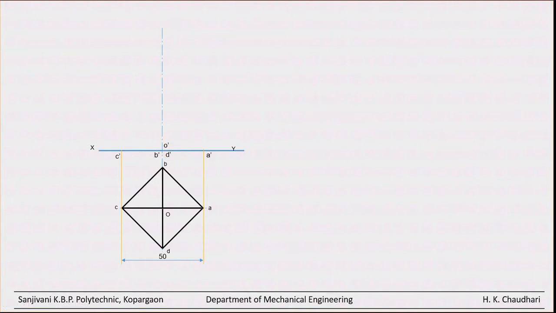Now the vertex is at a distance, that means the height is given as 65 mm. So locate the vertex here, O dash. Now join O dash to C dash, then O dash to A dash, and O dash to B dash and D dash. These are the slant edges of the pyramid. Clear?